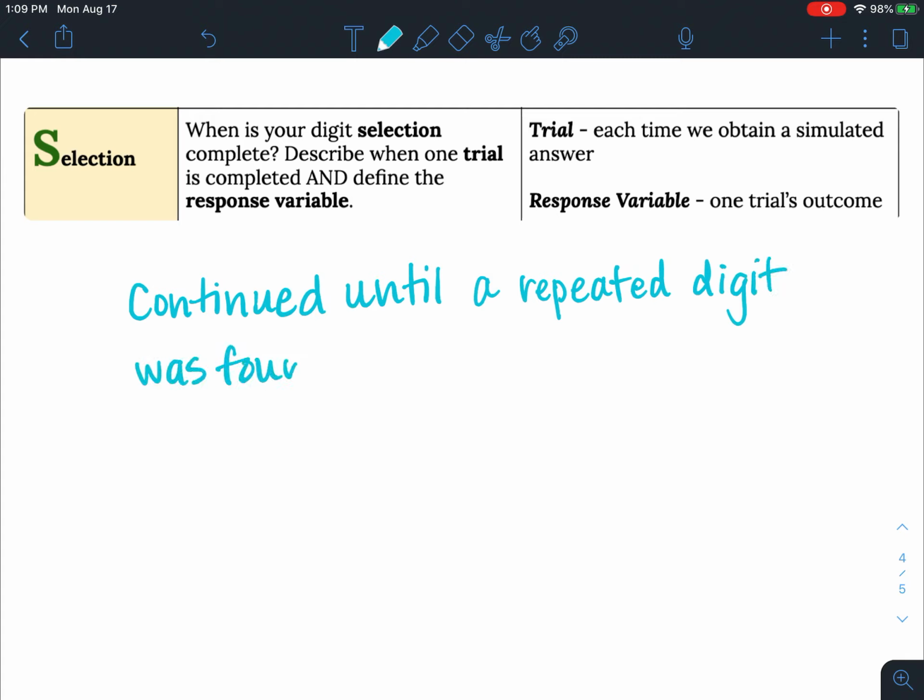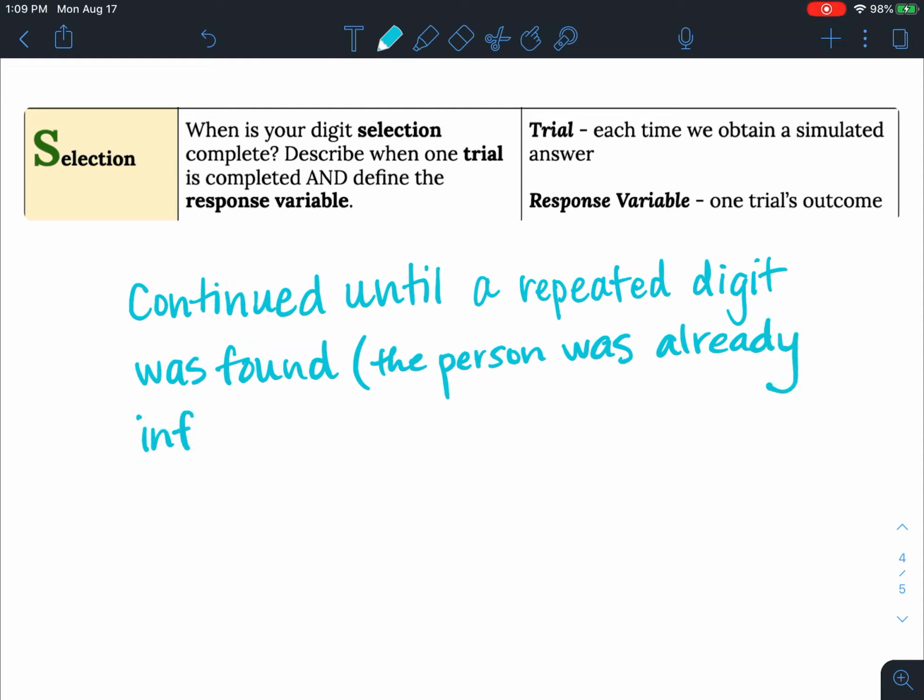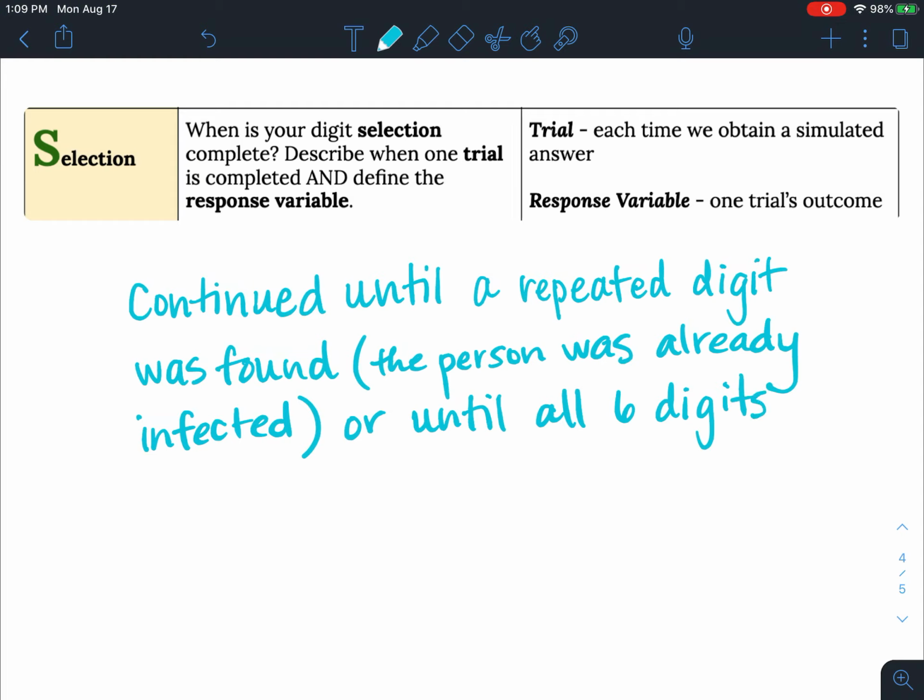was found, which we can clarify a little better: the person was already infected, so therefore couldn't get it again, right? Or we also stopped when all 6 digits were selected, meaning everyone was infected.